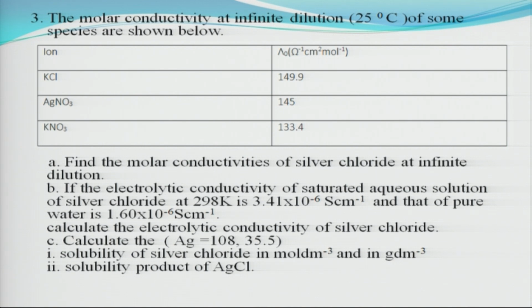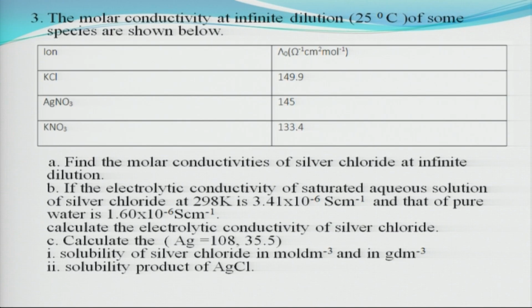Calculate the electrolytic conductivity of silver chloride. That one is new also, we are going to look at it. Then they say calculate the solubility of silver chloride in moles per decimeter cubed and grams per decimeter cubed. Then the solubility product of silver chloride.